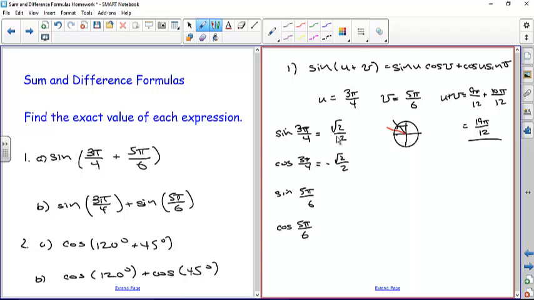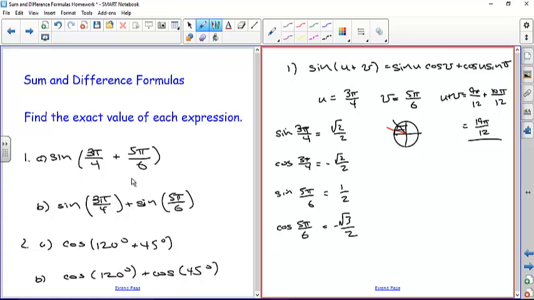They're equal in magnitude because they're halfway between the coordinate axes. And then down here at 5 pi over 6, the y coordinate, which is the sine, is a half, and the x coordinate is negative square root of 3 over 2. So those are the trig values.